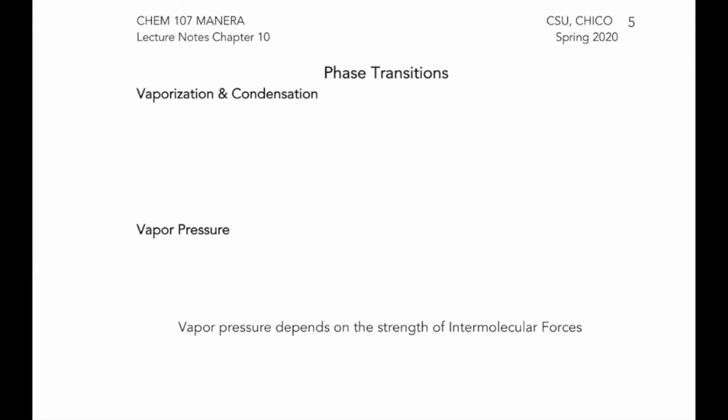So the first phase transition that we're going to look at is the phase transition between the liquid and the gas. So I'm going to write out, this is going to be a liquid and gas transition. And we have two possible transitions here. One is going from the liquid to the gas, and we call that vaporization.